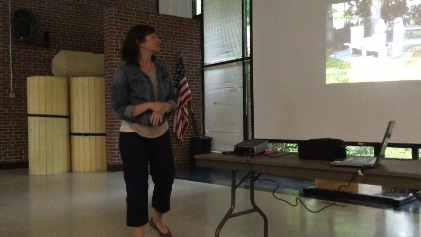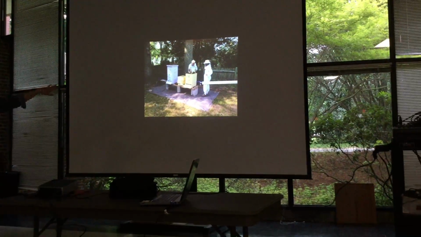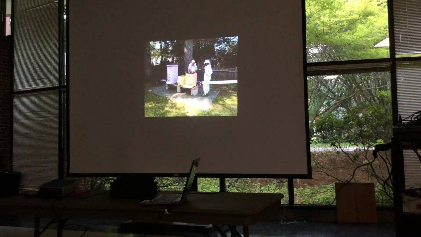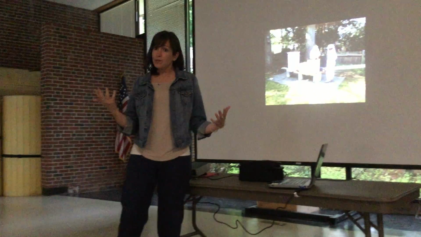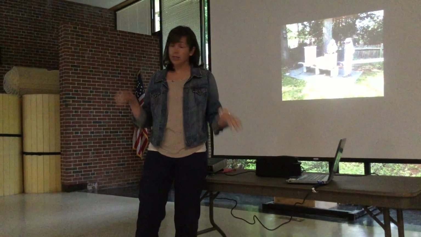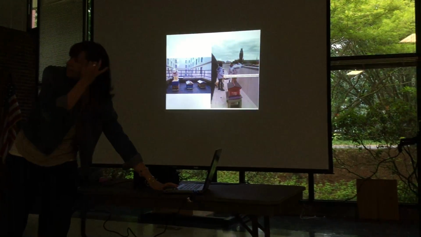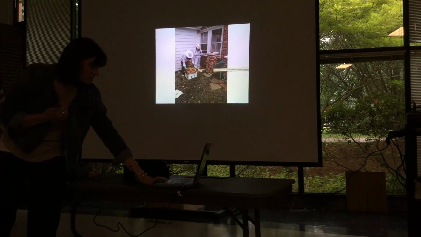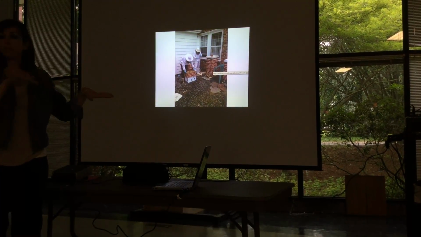This picture I always like to show because it shows the nice property line with the fence right there and the hives on the other side of the fence, which for some of the crowds that I teach is really important for them to realize, that there's something on the other side. These are on city roofs. This was on the top of a garage.